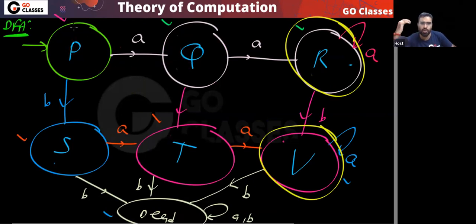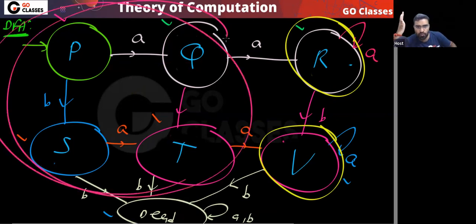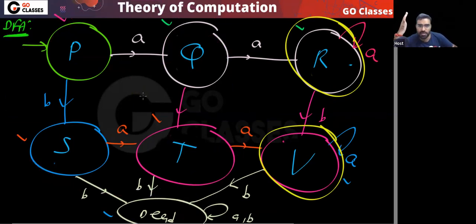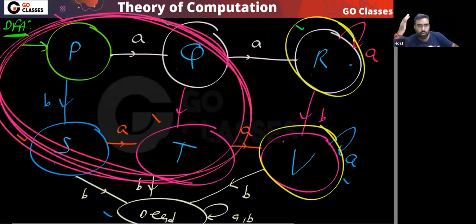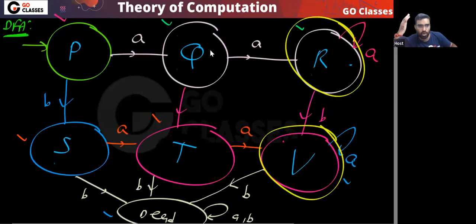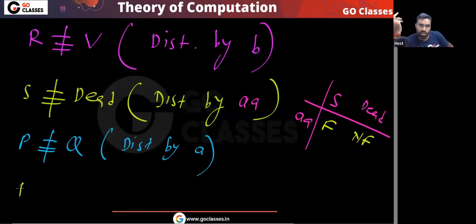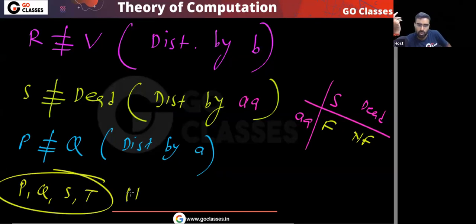So can you notice, if you compare any two of these four states, they will be non-equivalent. Yes or no? These four, P, Q, S, T, are not equivalent to each other. You can easily check.